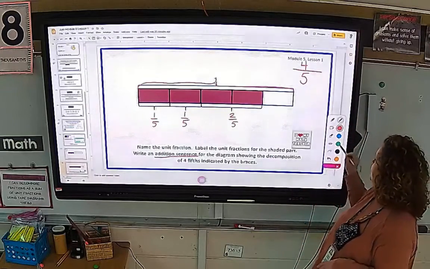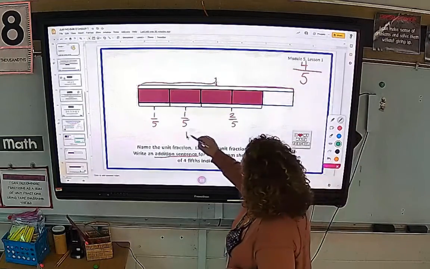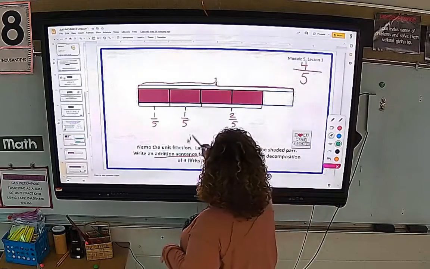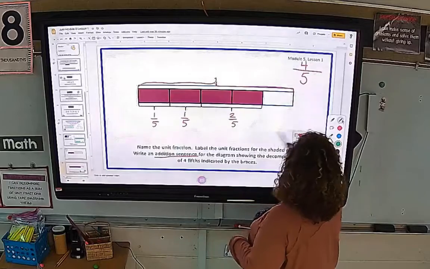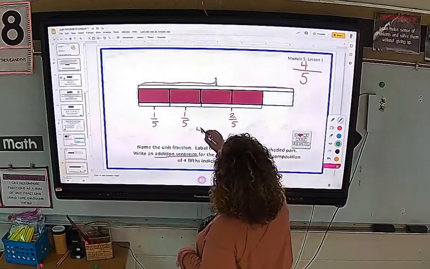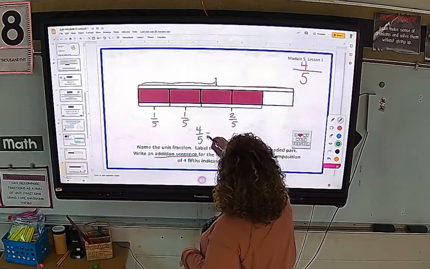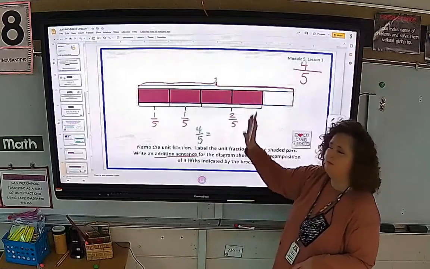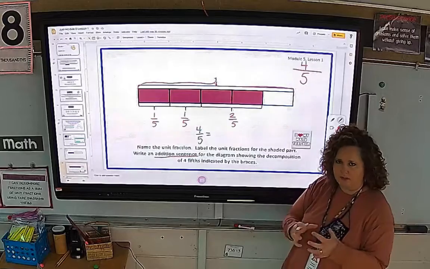So we've got 4/5. Let me write that just a little smaller. 4/5 is equal to 1/5 plus 1/5 plus 2/5. You're just putting all the pieces together.